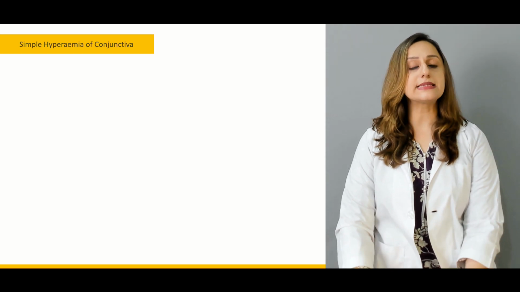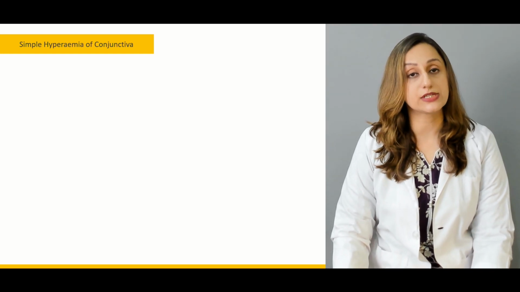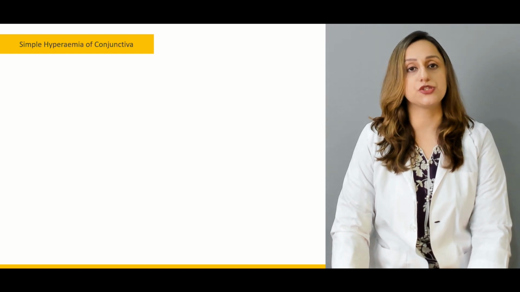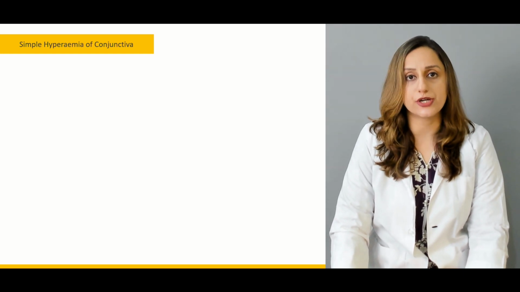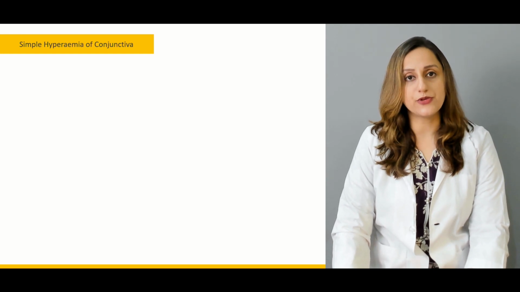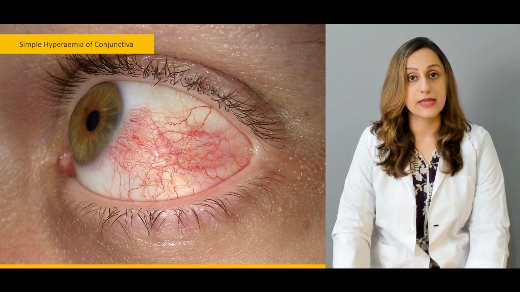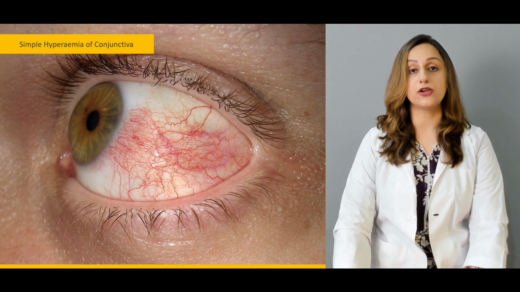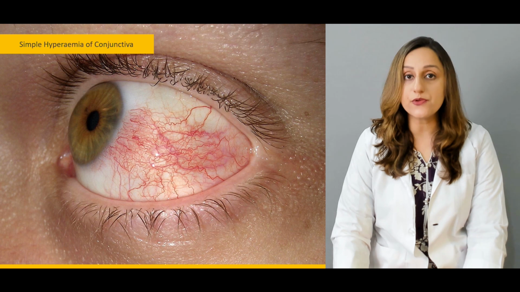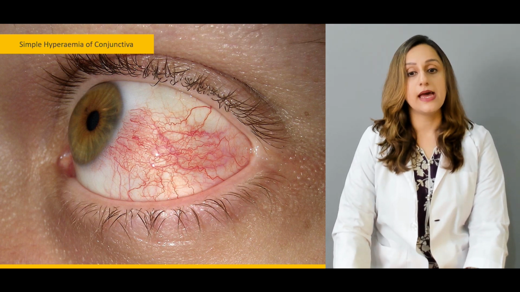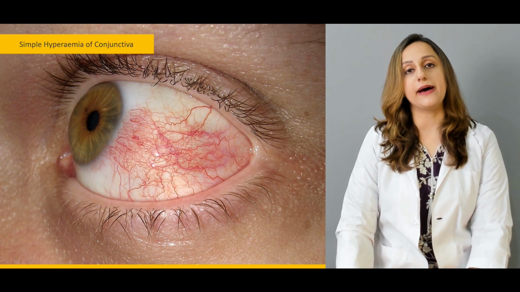It can be a simple hyperemia of the conjunctiva, which is not associated with any exudative or mucopurulent discharge. So it is basically the enlarged, apparent blood vessels in the conjunctiva that are quite common and usually seen in the outpatient departments.